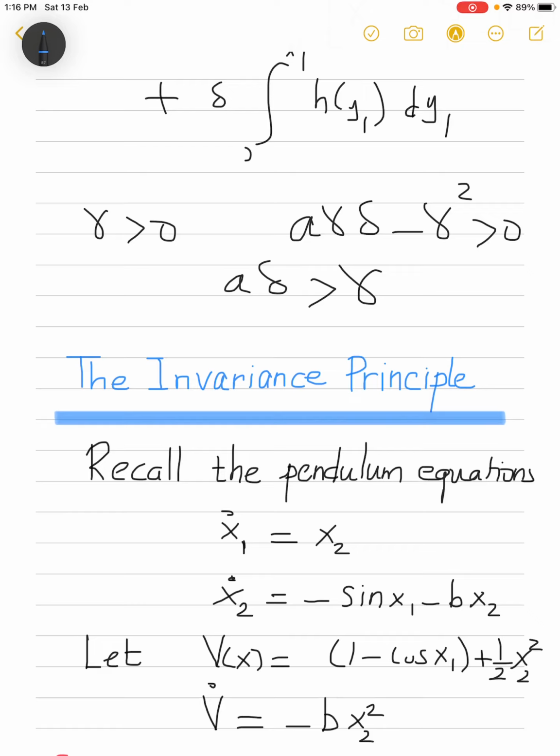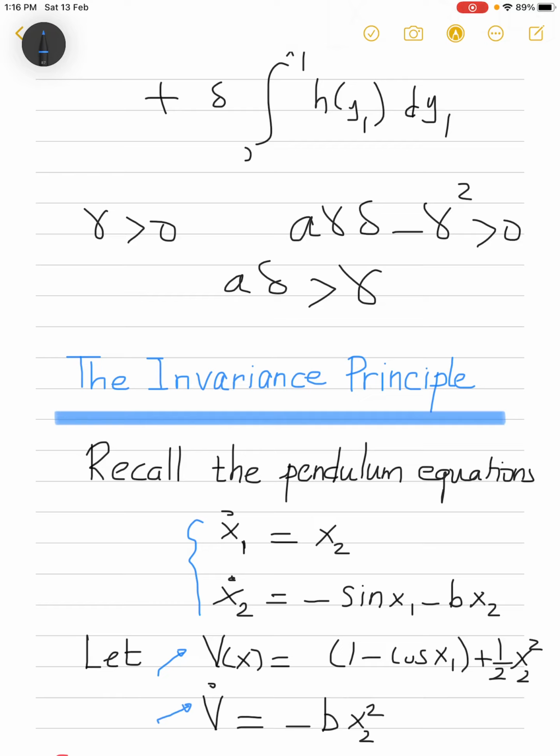Now let us recall the pendulum equations, the second order equations that we have seen before, and we have selected the function V, which is positive definite, and it consists of the potential energy and the kinetic energy for the system. We calculated the time derivative of V, and we have shown that it is negative semi-definite.